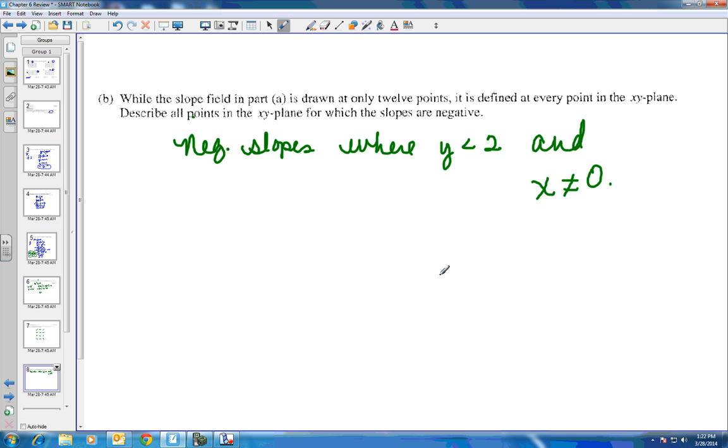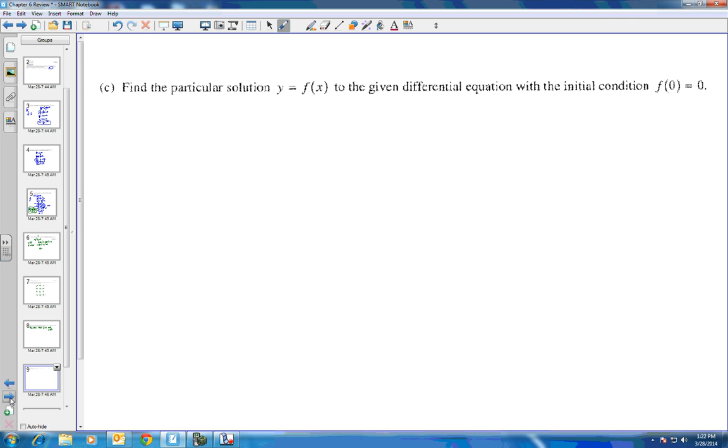On part C, find the particular solution to the given differential equation with the initial condition 0, 0. So here was the initial problem: dy dx equals x to the 4th, y minus 2.